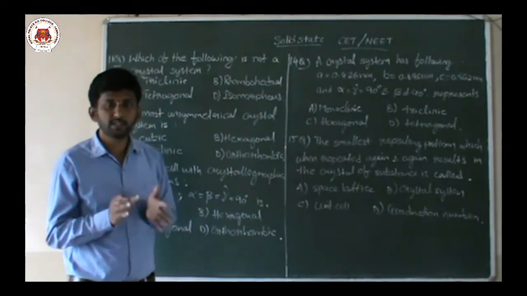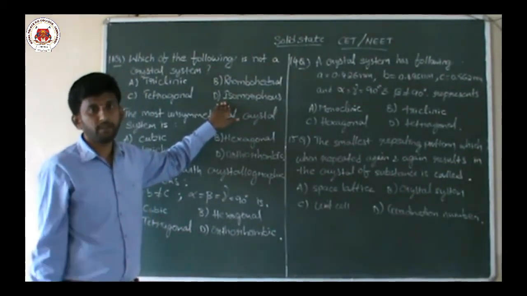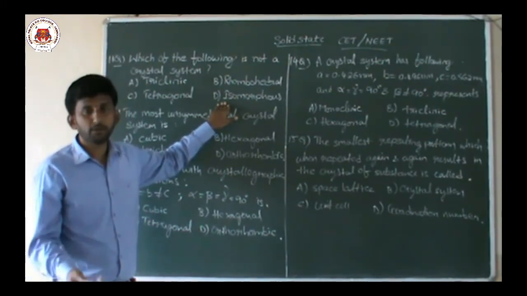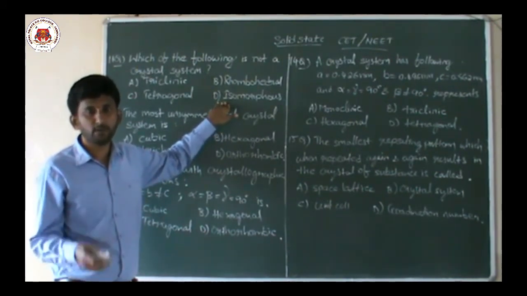They are just classifications, like allotropy in case of elements. Now, what is allotropy? If the same element exists in different types of solids, then we call it allotropy.